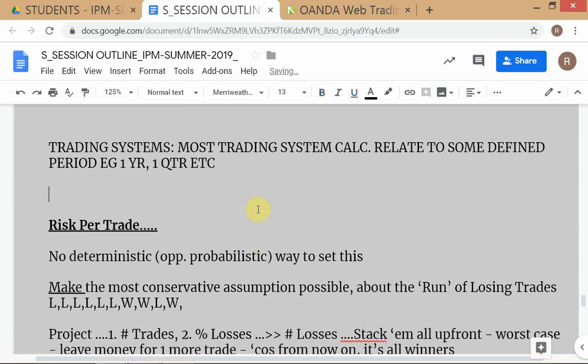Investable capital, and we have this concept of invested capital. We are making this distinction versus risk capital. Everybody understand? Risk capital, very important distinction.